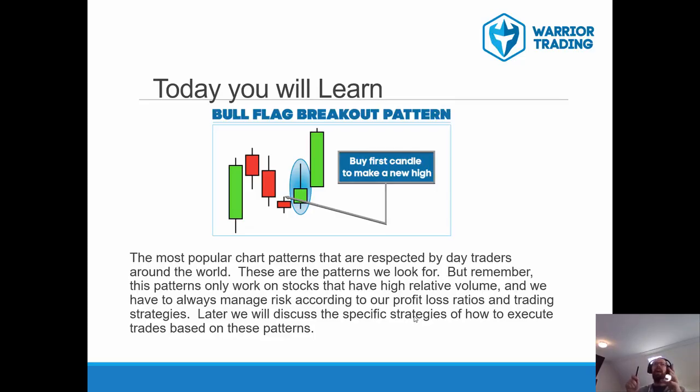So you don't try to find these types of patterns on stocks with really, really low volume, or on stocks with extremely high floats, like a Bank of America with a 10 billion share float, or even an AMD with an 800 million share float. That is usually not going to be the type of stock we would try to apply these patterns on. We're going to continue to look for stocks that meet our criteria for being the right type of stocks to play.